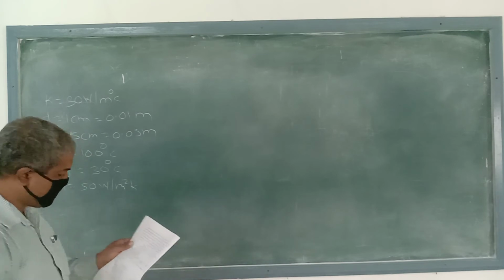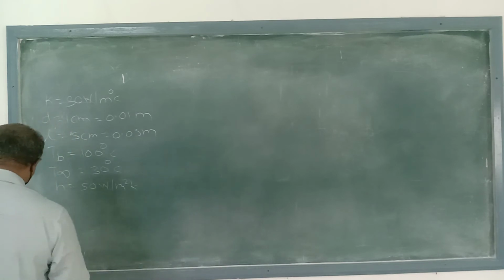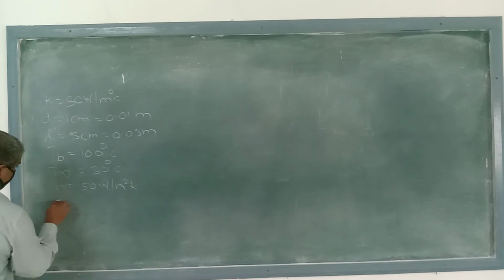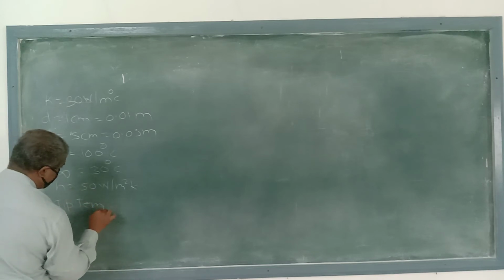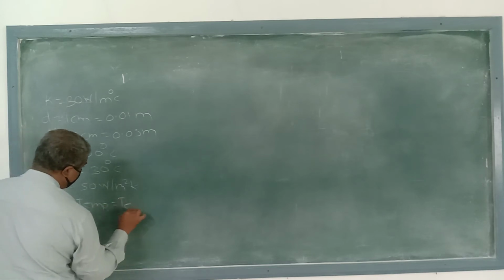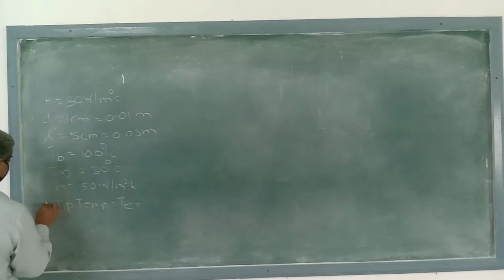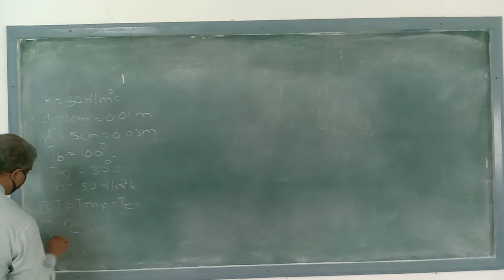Now they are asking you to find the tip temperature, which is the first unknown we have to find. The second unknown is fin efficiency and the third unknown is Q base.